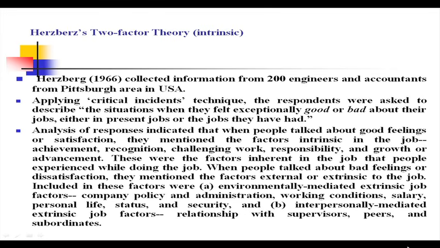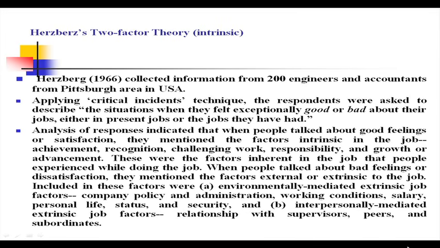And there are certain needs which are called intrinsic. That means, when the person is doing the job, does he feel that he is growing, is there a sense of achievement, a sense of advancement, and is the job exciting and challenging to the individual. These are called the intrinsic needs.